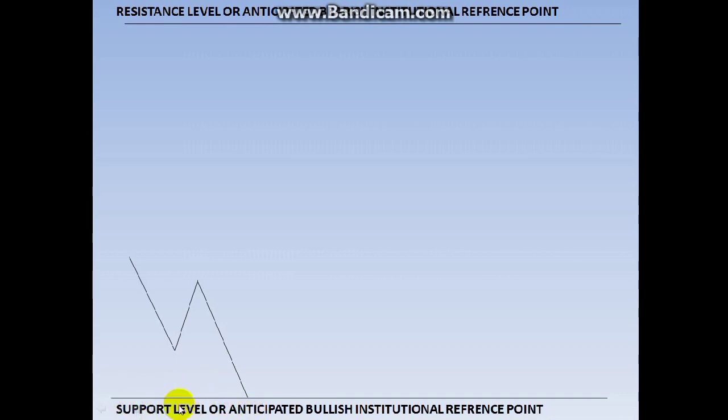It could be a fair value gap, it could be a bearish order block, or any higher time frame institutional reference point. Now as price drops down into it, as you can see, price dropped into our higher time frame support level.